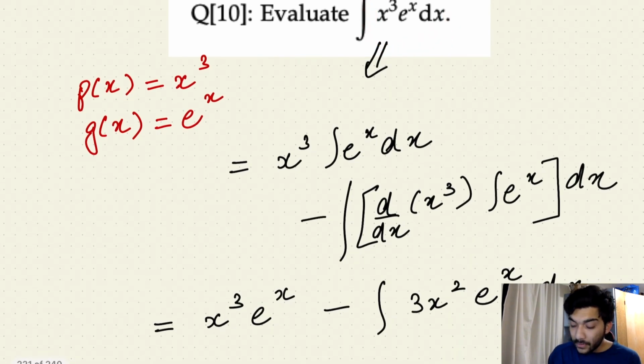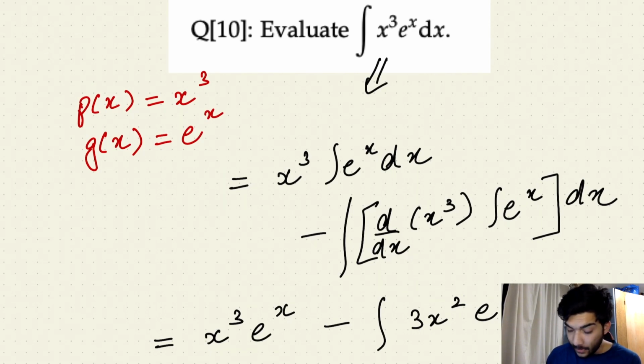And now in order to solve this integral, you'll again have to follow the same integration by parts approach. But the main idea about this expression, which also confirms that we are on the right approach, is that we have indeed simplified our x cube e to the power x expression to a smaller expression over here, right? Which is of the form x square e to the power x expression, right? So that gives us an idea that we are on the right track.